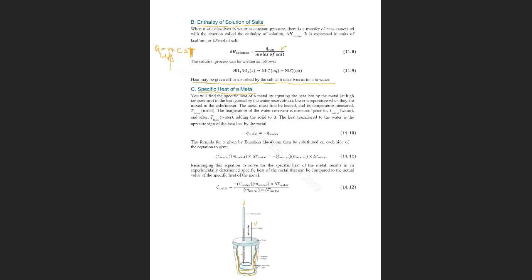And when everything is in equilibrium, we can use this equation to calculate the specific heat of the metal. So they started here. Now that we know how the process works, the first thing they are saying is the heat that the metal lost equals minus the heat that the water absorbs. Does it make sense? This is important. This is where we start.